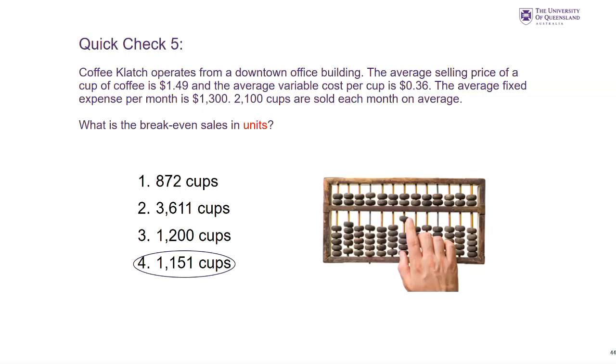So you divide this 1,300 by your unit contribution margin of $1.13 and you get this answer. You round up. All good? Any questions about that? You can do it the long way too, which is absolutely fine, particularly in multi-choice. I don't know how you've done it. All I know is whether you got the right answer.